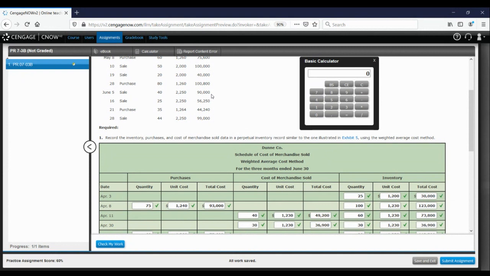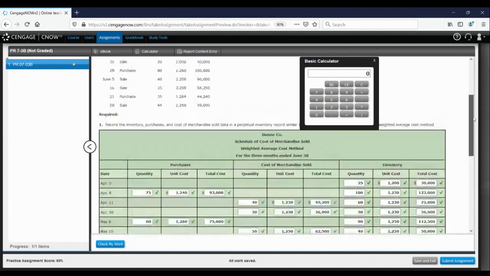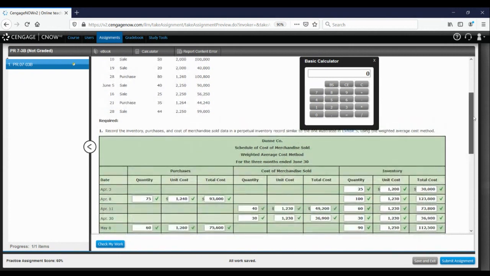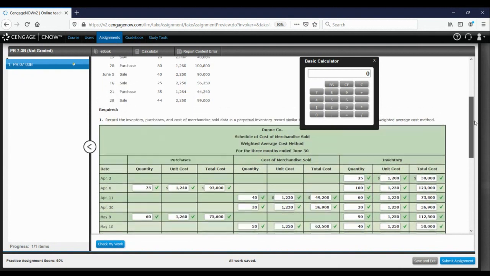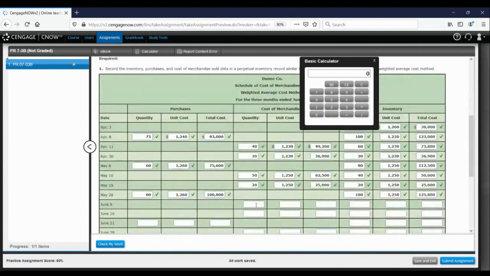We also have to determine the cost of merchandise sold through the cost card. So our sale on June 5th was for 40 units. 40 units goes into the cost of merchandise sold.